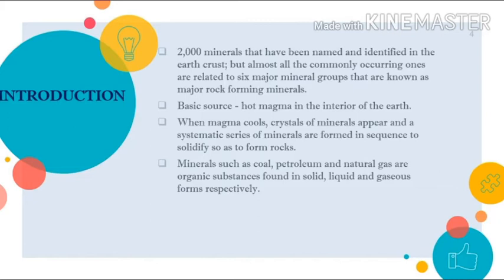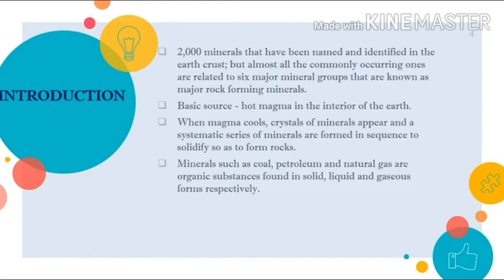It means 2000 minerals have been named and identified in the earth crust, but almost all the commonly occurring ones are related to 6 major mineral groups that are known as major rock forming minerals. Basic source: hot magma in the interior of the earth.